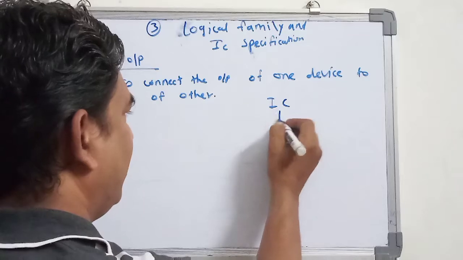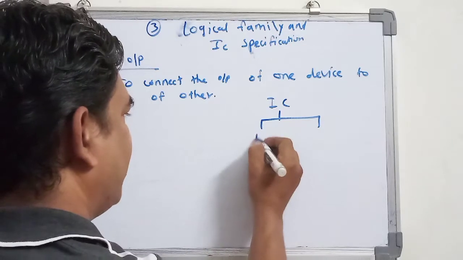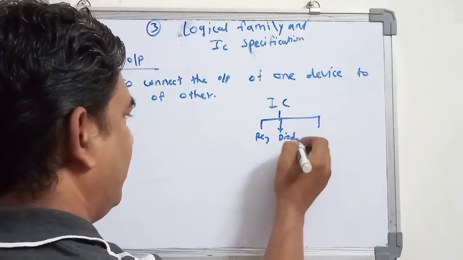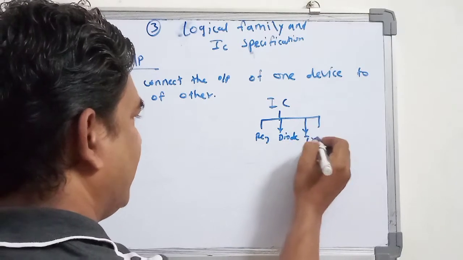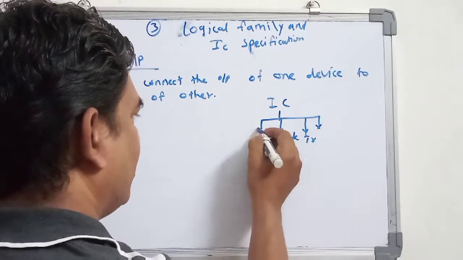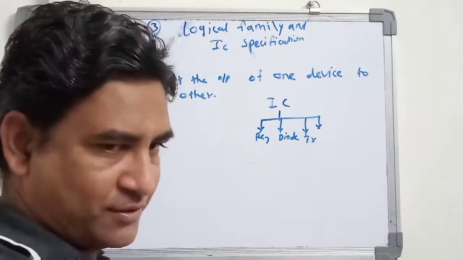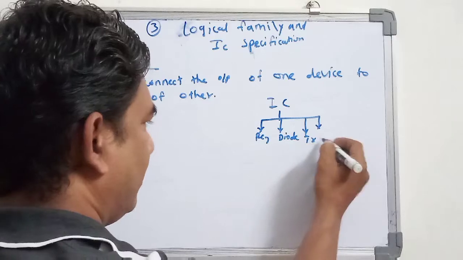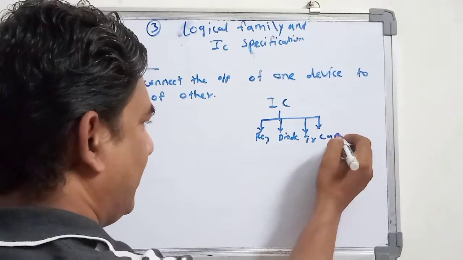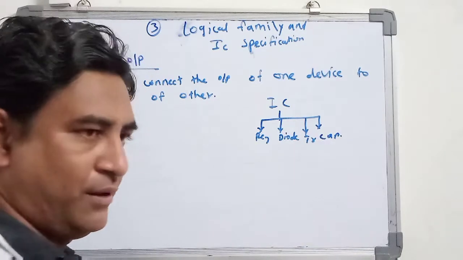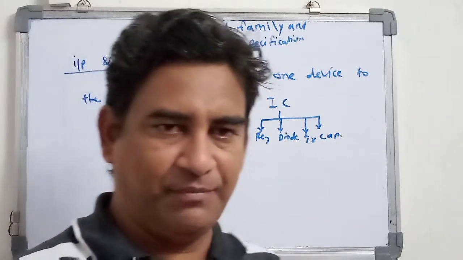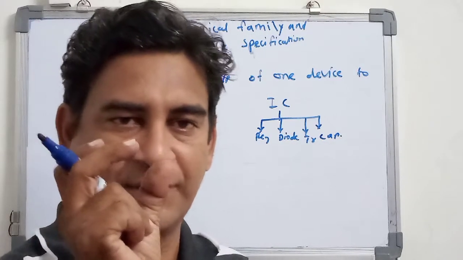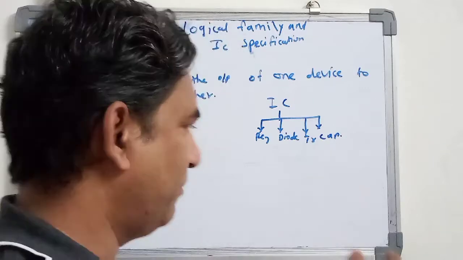Okay students, how has this IC been built? By using different types of resistors, diodes and transistors. Apart from these, you have a capacitor also. Inside the IC, it is fabricated in such a way that you will see a single small compact device.